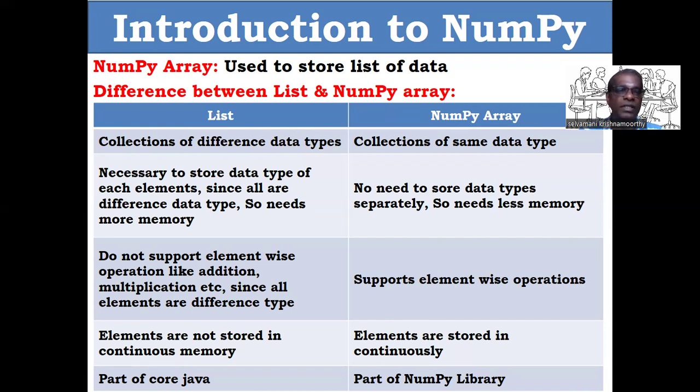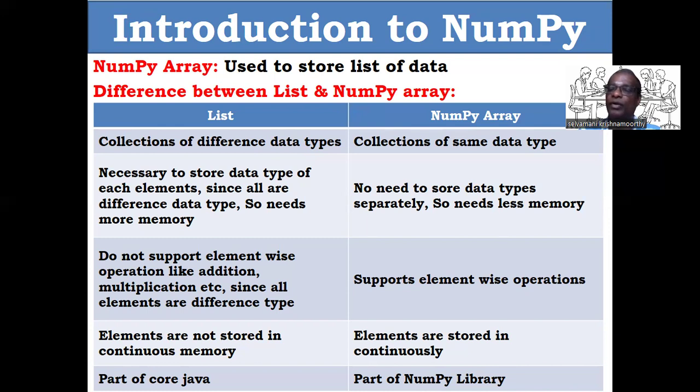The first difference: a list is a collection of different data types. For example, if you want to store your information technology teacher's details: the initial K within single quotes, that is a string. Selva within single quotes, that is also a string. Age 50, that is an integer.